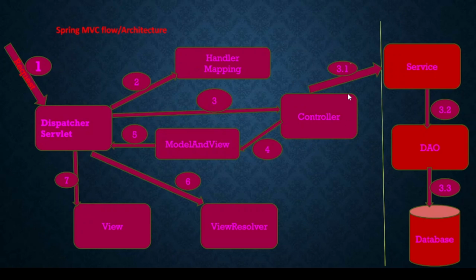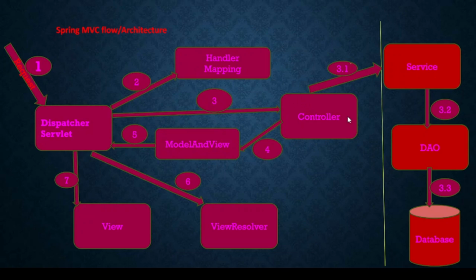Here I have depicted only one controller, but there might be multiple controllers in a typical web application. To which controller the request should map, it will find with the help of the handler mapping, and the request will be passed to the appropriate controller.